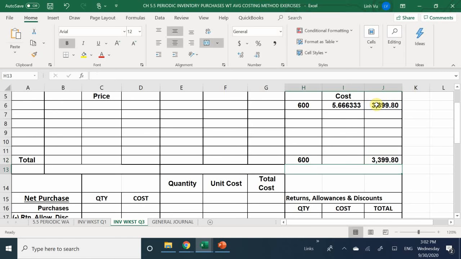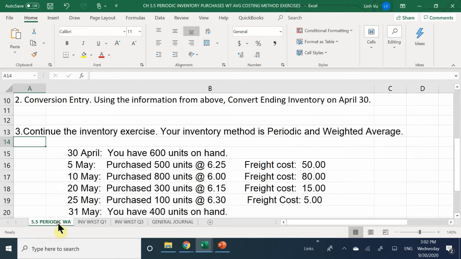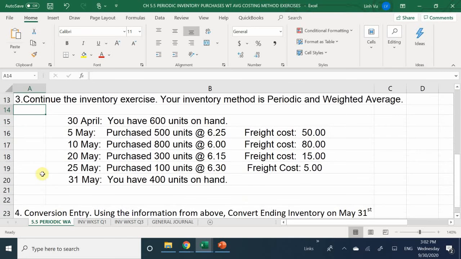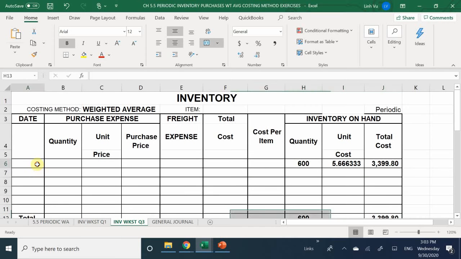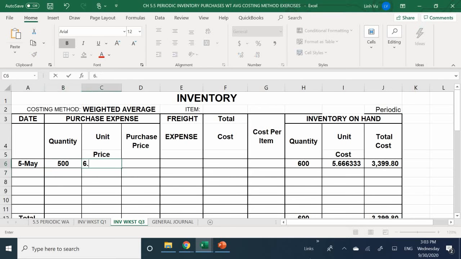Let's go ahead and look at the scenario. What has happened on May 5th? On May 5th, we purchased 500 units at $6.25 with freight of $50. So on the second inventory worksheet, we're recognizing that on the 5th of May, 500 at $6.25 with a freight of $50.